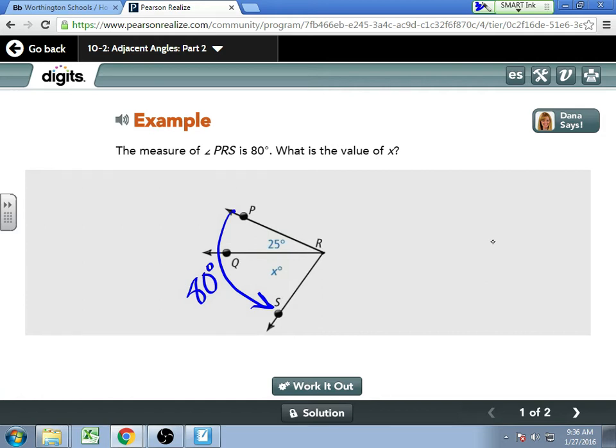To find this angle, it is the 80-degree angle without these 25 degrees. So we need to say, okay, the 80-degree angle total minus the 25-degree angle that is right here leaves me with x being 55 degrees.